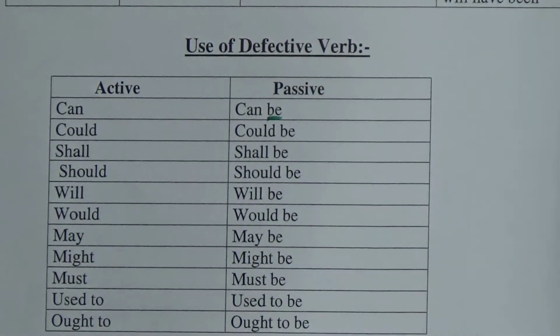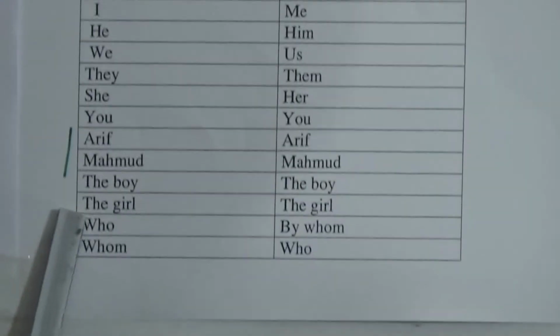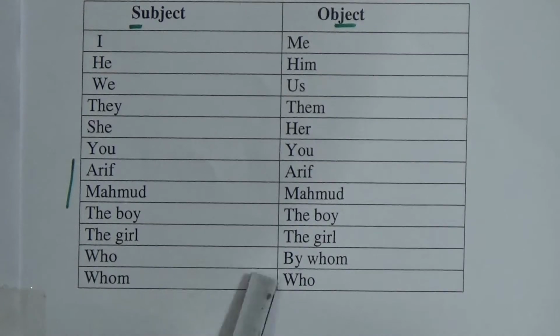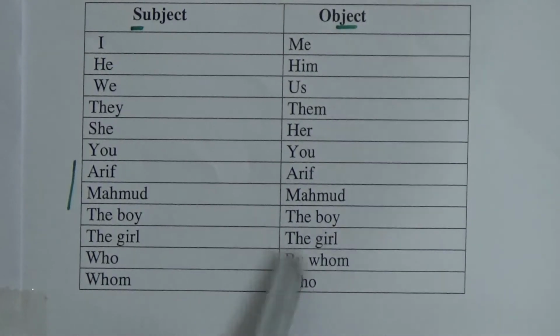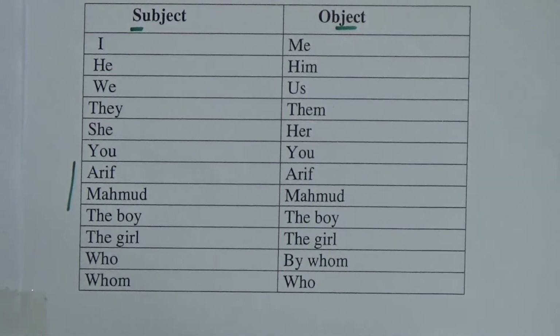This is the place of subject and object. I is the subjective form, me is the objective form. He is the subjective form, him is the objective form. We will be us, they will be them, she will be her, you and names will not be changed: Arif, Mahmud, the boy, the girl. Who will be, by whom. So these are the rules.